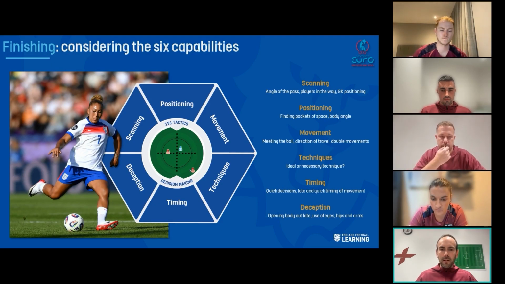We tend to find, at the age and stage, the players tend to want to occupy spaces in the box. So around that positioning, maybe to occupy it first, to then think about how you can then move and exploit.